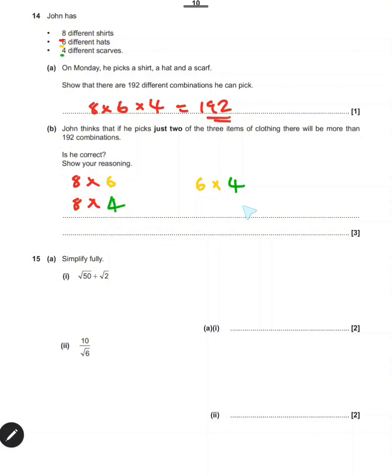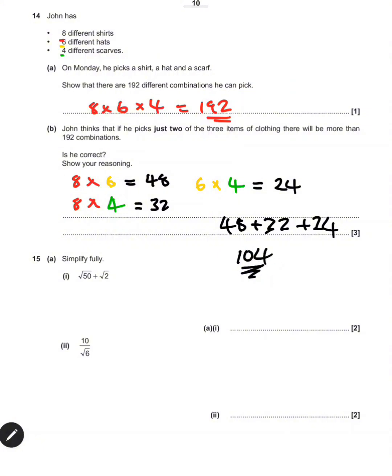That is how many combinations there will be from picking just 2 items. 8 times 6 is 48. 8 times 4 is 32, and 6 times 4 is 24. 48, add 32, add 24, comes to 104. That is how many combinations there are for just 2 items. We're asked to show it's more than 92. He is wrong.